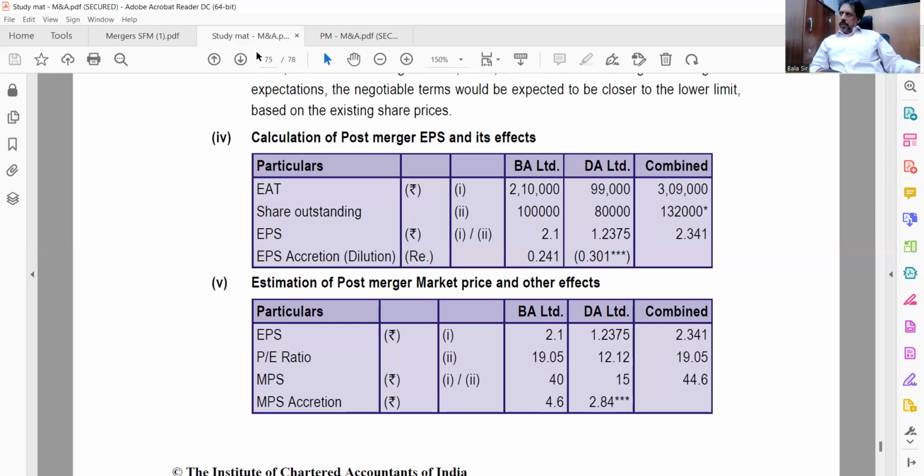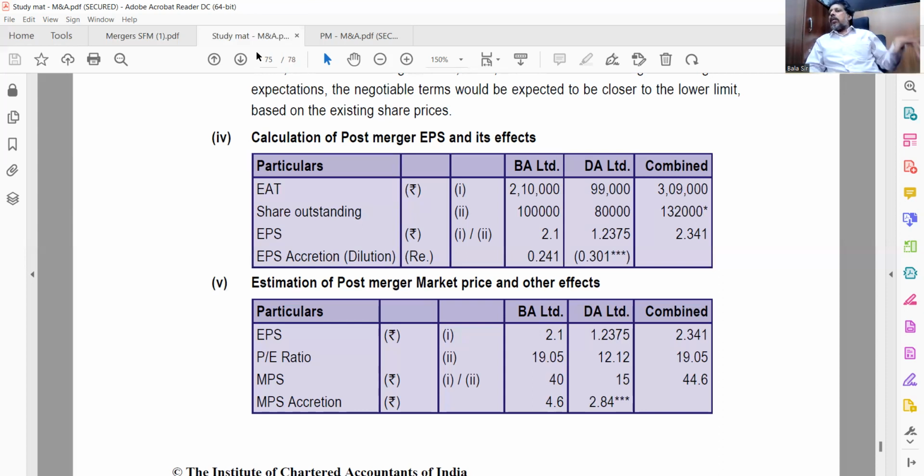What is that? Out of the 3,09,000 rupees profit combined, earned on 1,32,000 shares, which is nothing but 2.341 per share, what is the earnings on the 32,000 shares? Because that is your share of earnings post-merger.